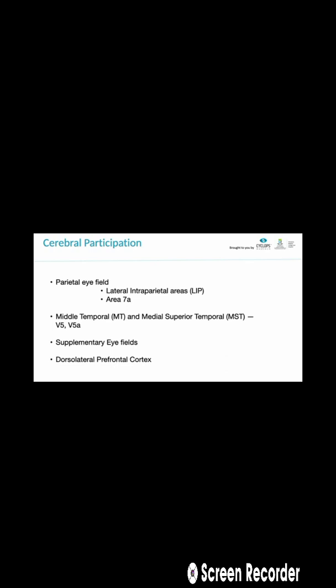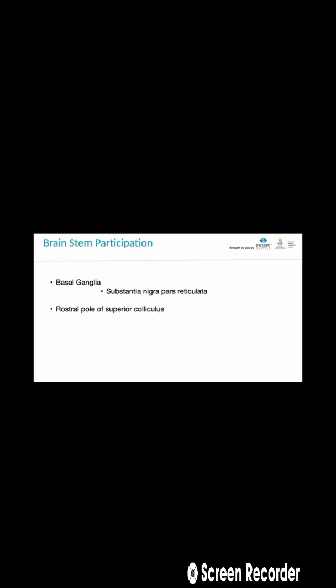Coming on to brainstem participation. The structures from the brainstem that are important and participate in visual fixation are the basal ganglia and the rostral pole of the superior colliculus.